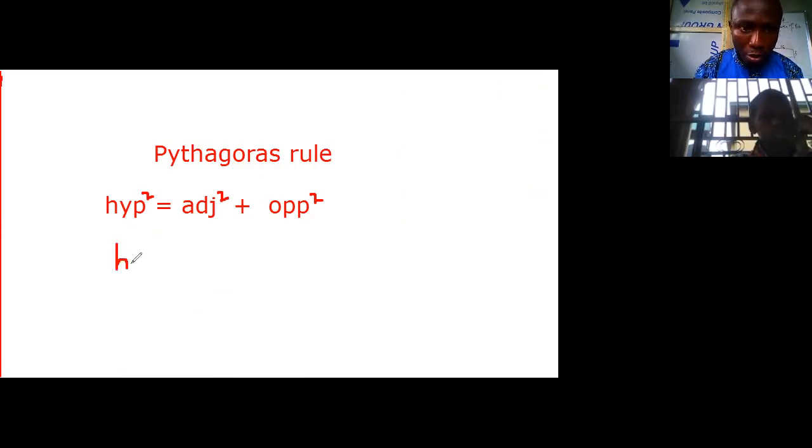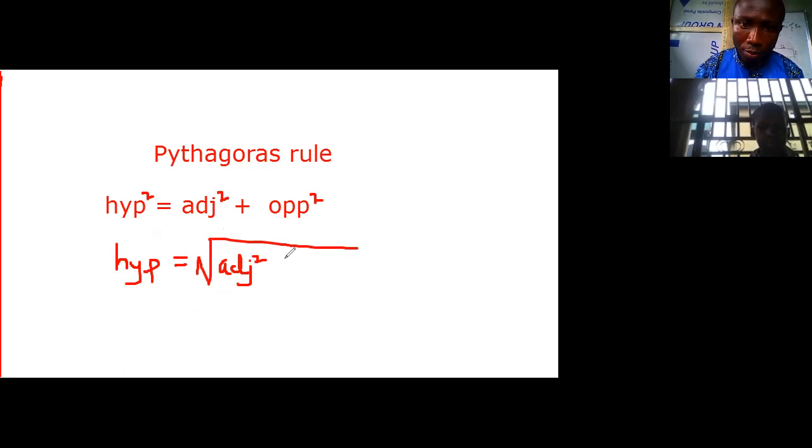Only the hypotenuse is equal to square root of adjacent squared plus opposite squared.